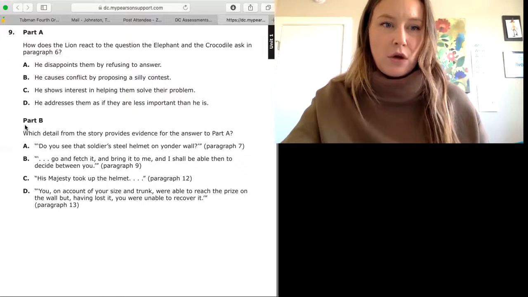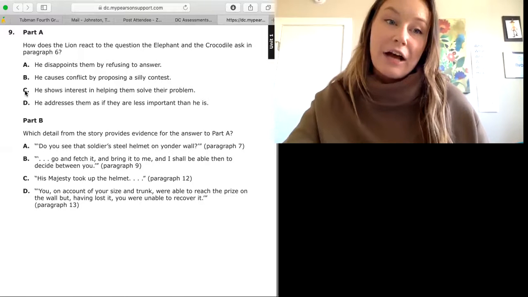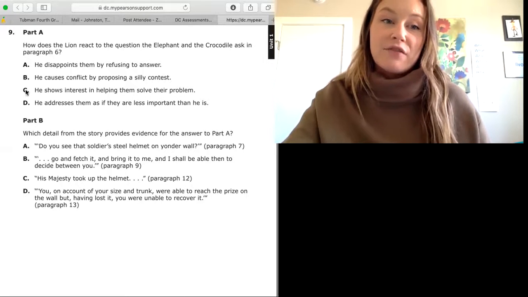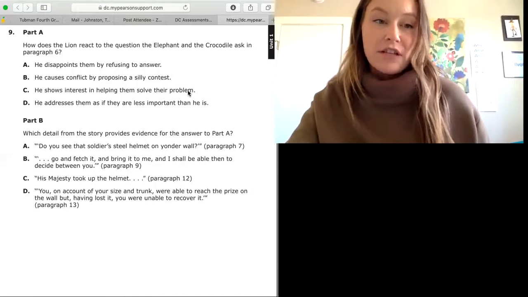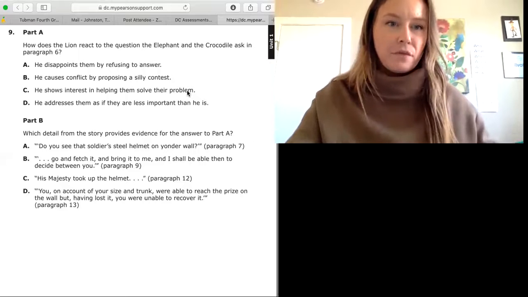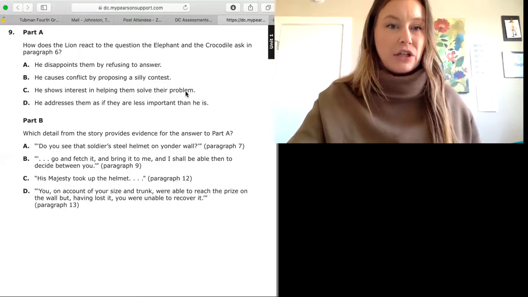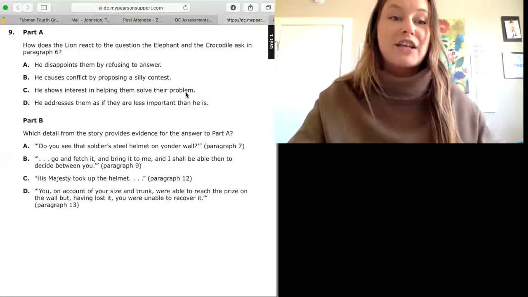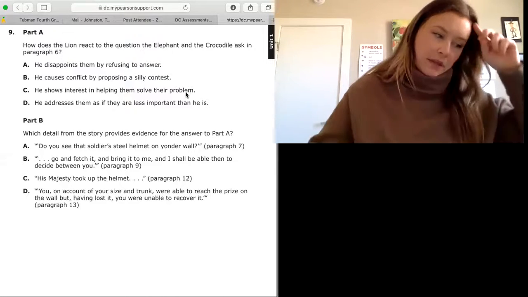Part B. Which detail from the story provides evidence for your answer to part A? So which detail provides evidence for helping them solve the problem? So how did he help them solve this problem? Did he A, say, did you see that soldier's steel helmet on yonder wall?